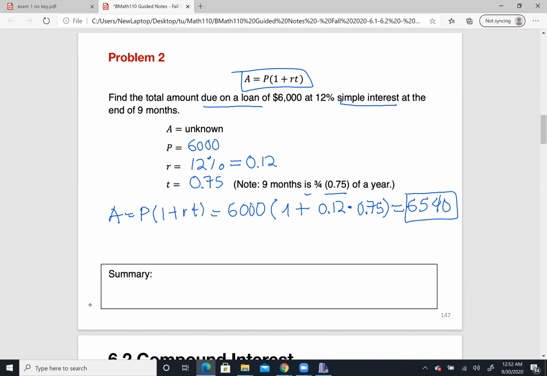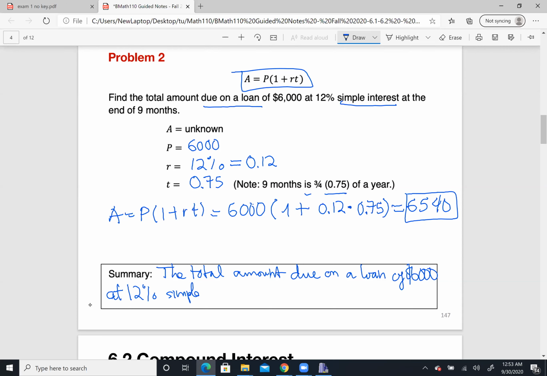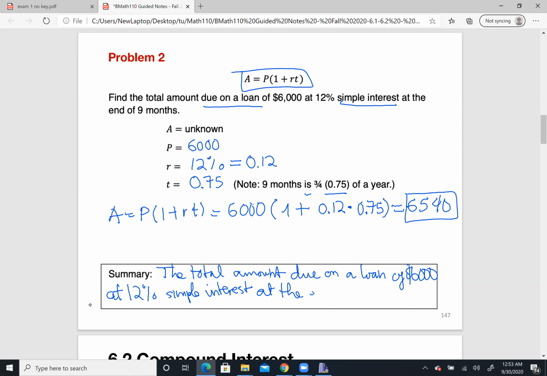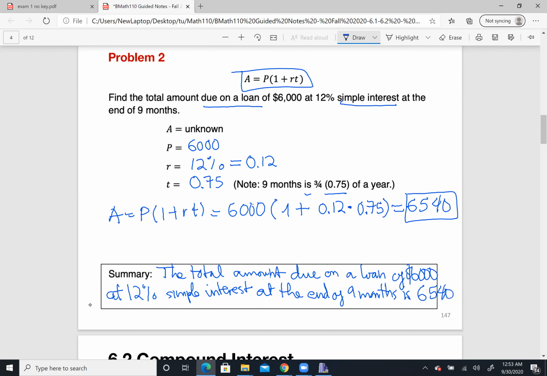I'm going to write that the total amount due on a loan of $6,000 at 12% simple interest at the end of 9 months is $6,540, and I will use the red color to circle it.